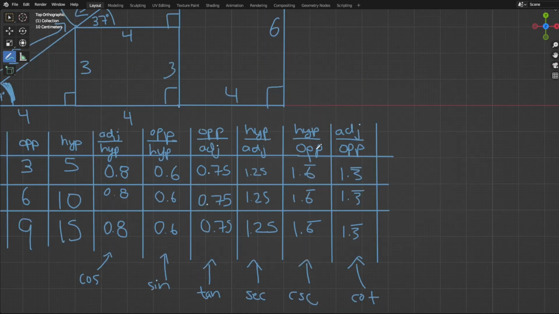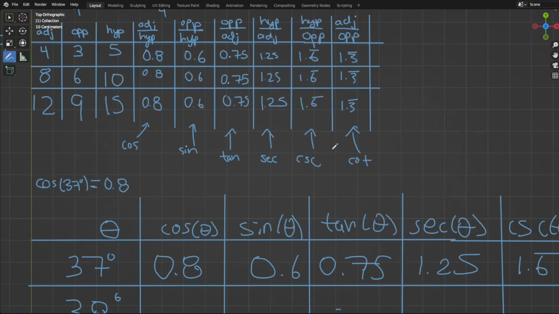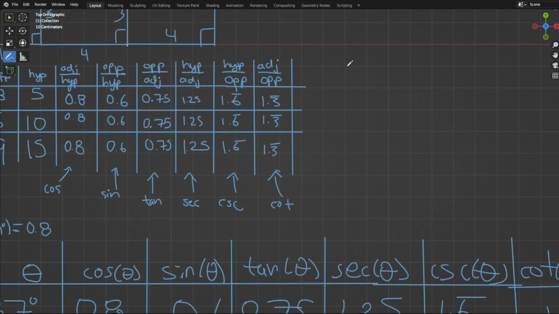They're all sort of inverses of each other. Well, what exactly is that? For example, if you do the adjacent over the hypotenuse, if you use that reciprocal rule, it's hypotenuse over the adjacent. So they're sort of reciprocals of each other.